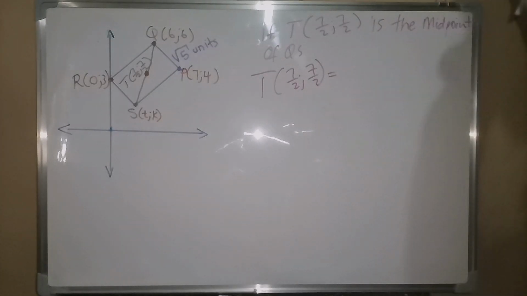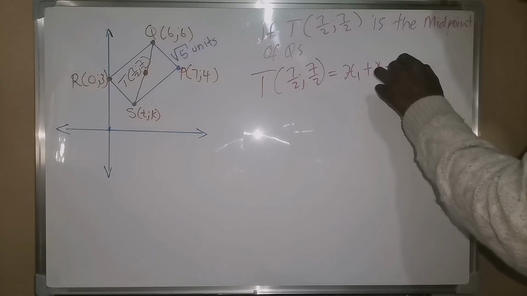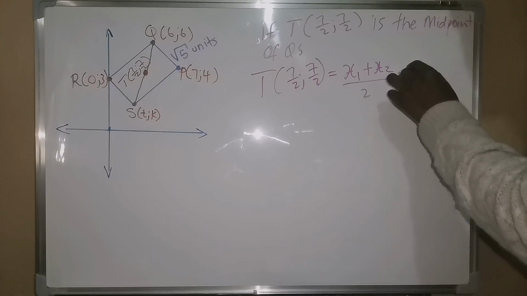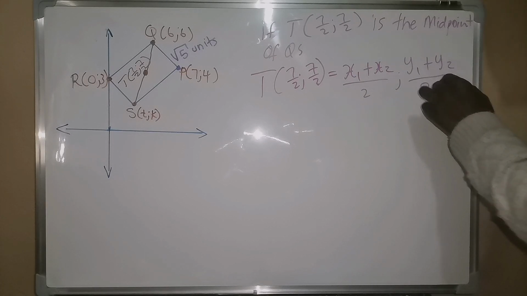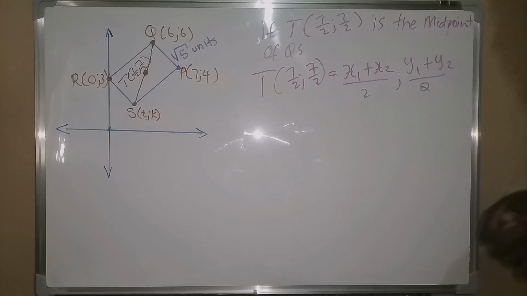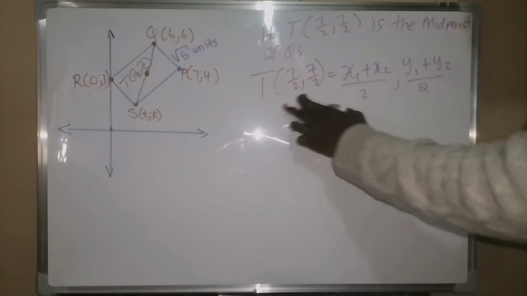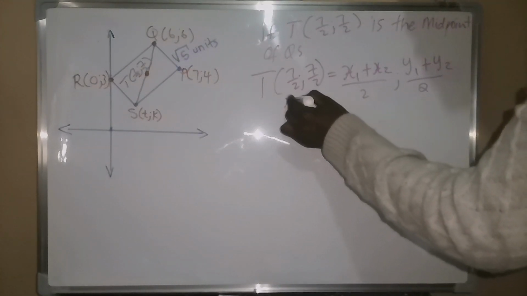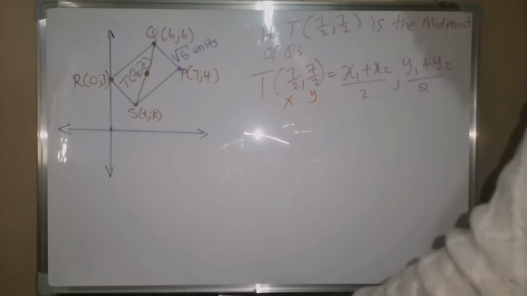This equals the formula for midpoint: (x1 plus x2) divided by 2, (y1 plus y2) divided by 2. I already mentioned that the coordinates of our midpoint represent x and y.